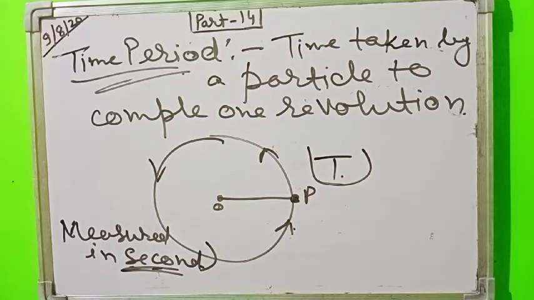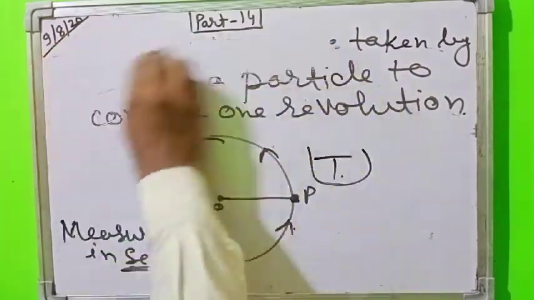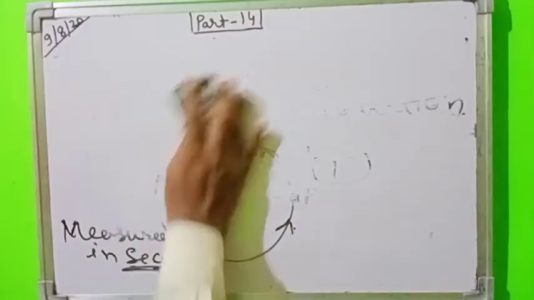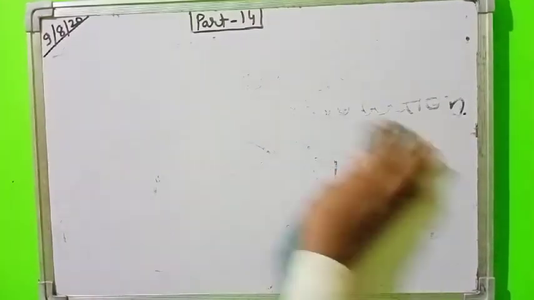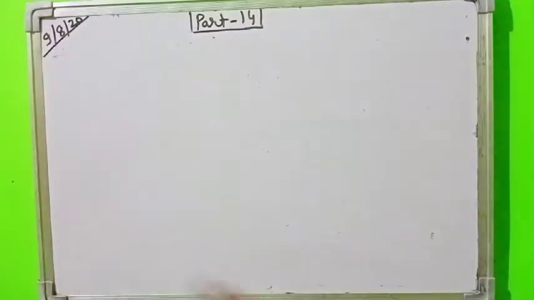Now frequency. You have already studied frequency, the number of oscillations per second, meaning in 1 second as many times as the particle completes its revolution, that is the frequency of that object.